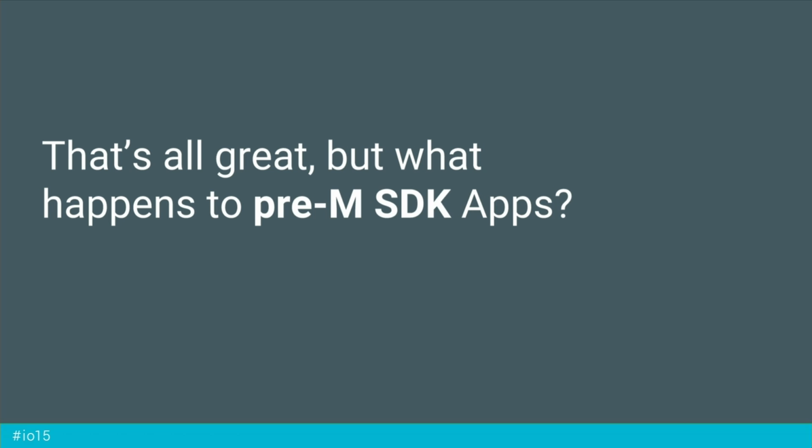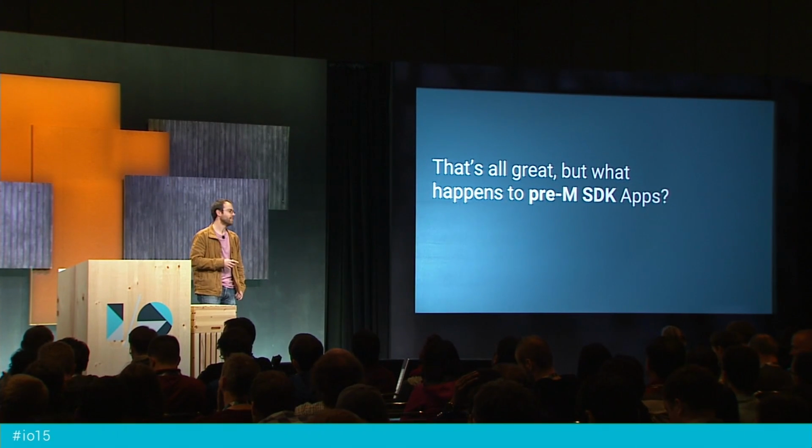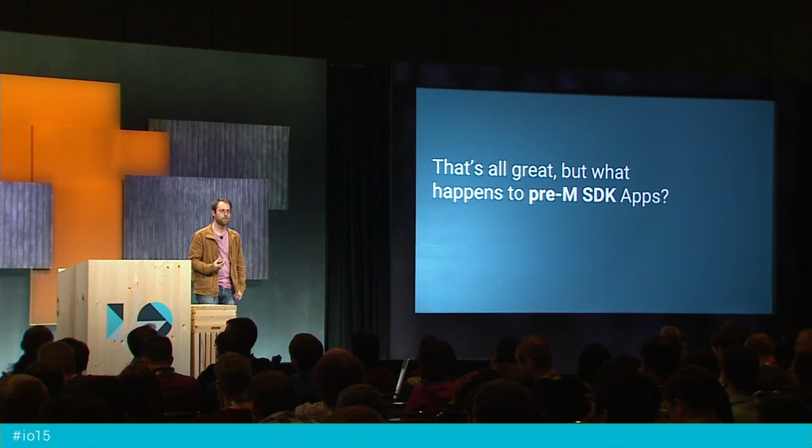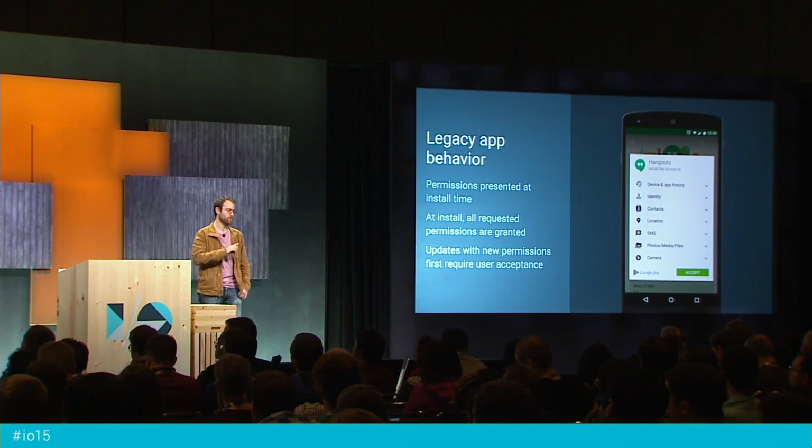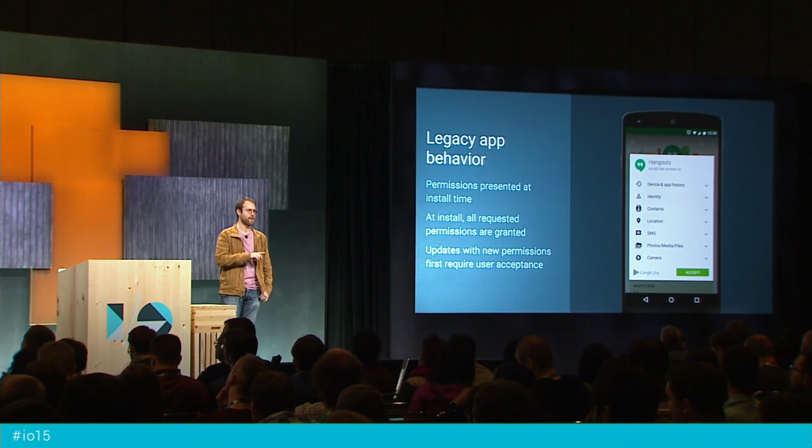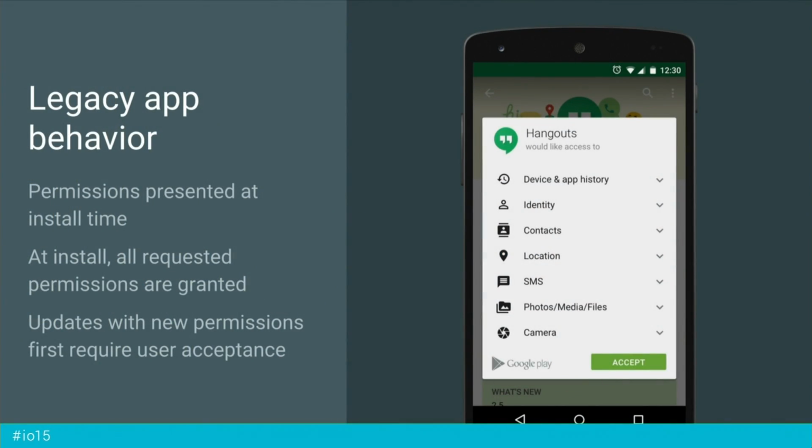You may be wondering, what about all these L apps and pre-M applications that are out there? How are they going to behave in this model? Because if you noticed before, I said a lot of "alls" and "everys" about these different controls. One thing that's going to be different is that at install time, you're still going to see the current dialog. Because applications that are pre-M don't understand what it means to have permissions taken away, or what it means to start up with nothing, we're going to treat them a little bit differently.